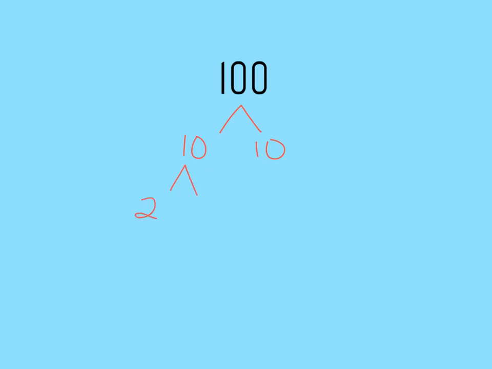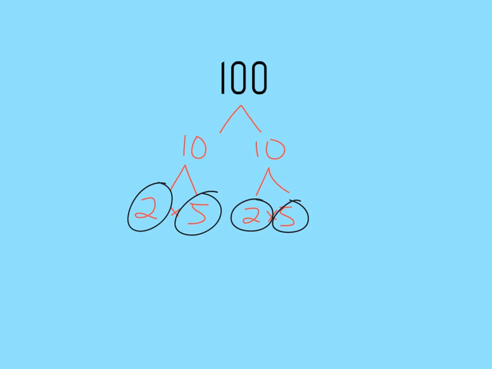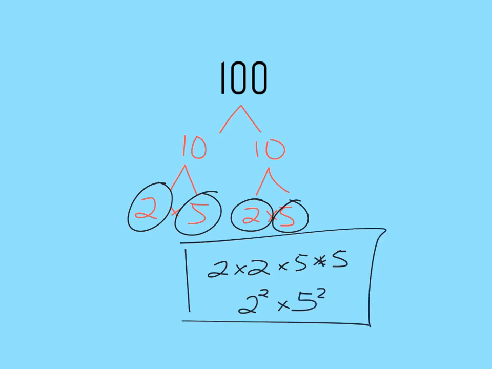So split them into 2 times 5 and 2 times 5, which means, since 2's and 5's are prime, my prime factorization is 2 times 2 times 5 times 5. Very important that we're getting that least to greatest. Or 2 to the second power times 5 to the second power. It's done that quickly. Hopefully you got the same answer as me.